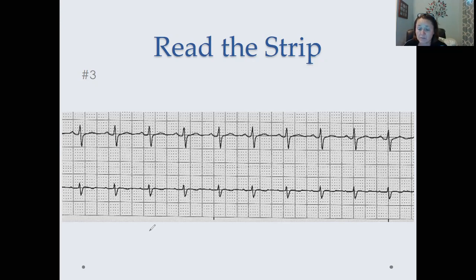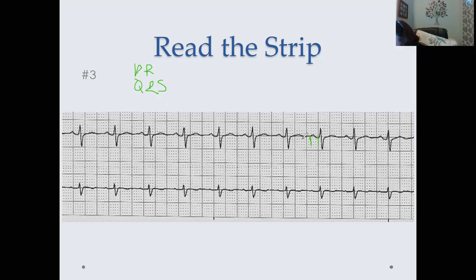So next up, PR and QRS complex intervals. Okay. Our P, we're going to start at the beginning of our P wave. Let's start here, like this. Starts right there to the beginning of the QRS complex here.